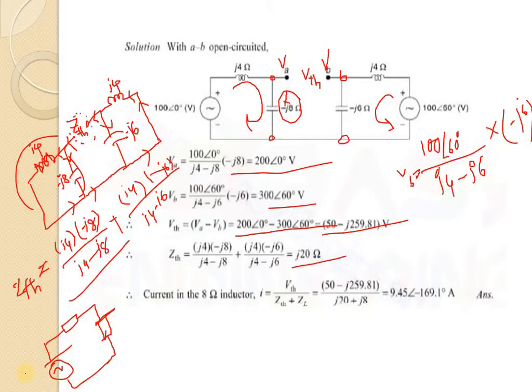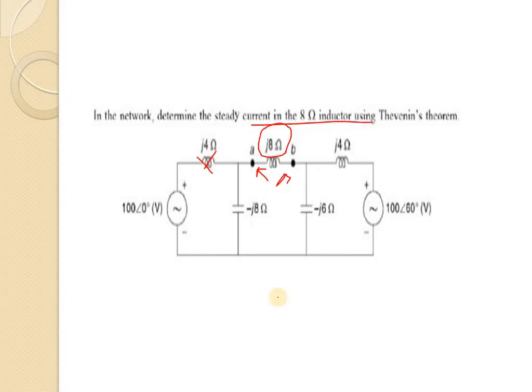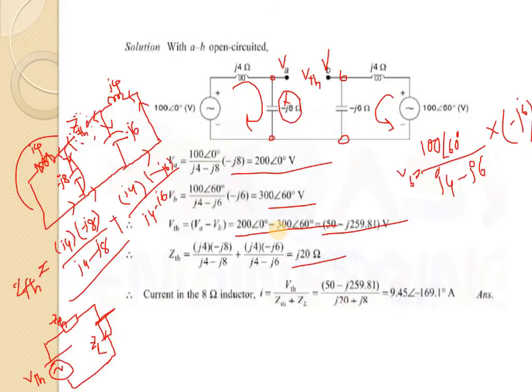This is VTH. This is ZTH we have calculated, that is J20 ohm, and this is ZL which is given as per problem. What is the value of ZL? Here ZL value is J8. So it is ZL value we will write as J8.